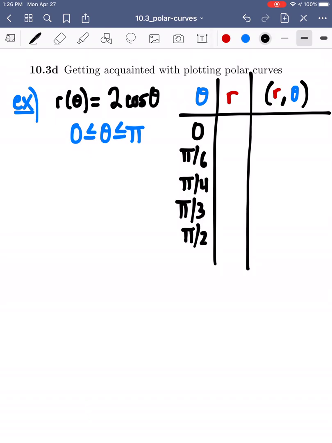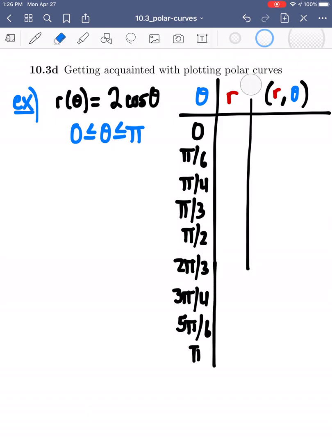We'll choose a couple more later. Actually, let's just toss them in. Say 2 pi over 3, as well as 3 pi over 4, 5 pi over 6, and pi. Just give us a little more room in that r column.